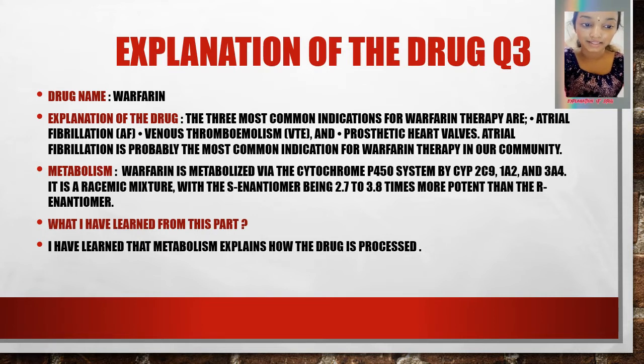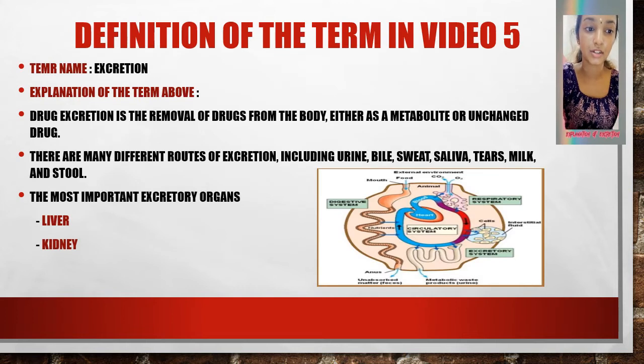It is a racemic mixture with the S enantiomer being 2.7 to 3.8 times more potent than the R enantiomer. What I have learned from this part is that metabolism explains how the drug is processed. I will continue with the definition of the term in video 5.